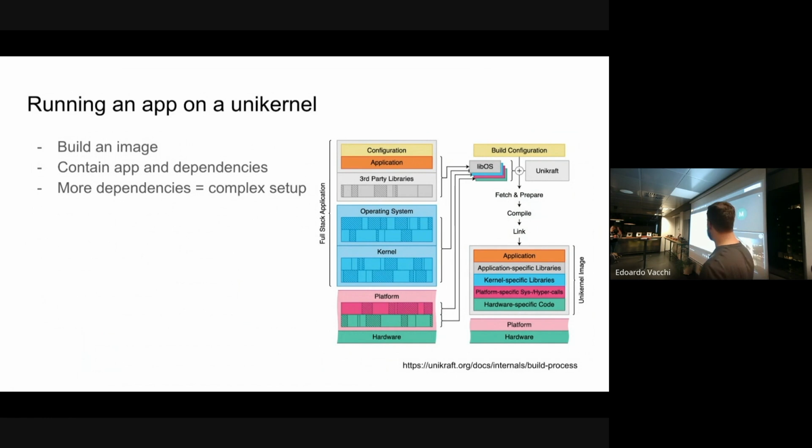Good idea? But you need to have all the dependencies in place. You need to have a build process that is building that. And the more dependencies you have, the more complex this build process is. If only there would be a WebAssembly runtime with almost no dependencies.